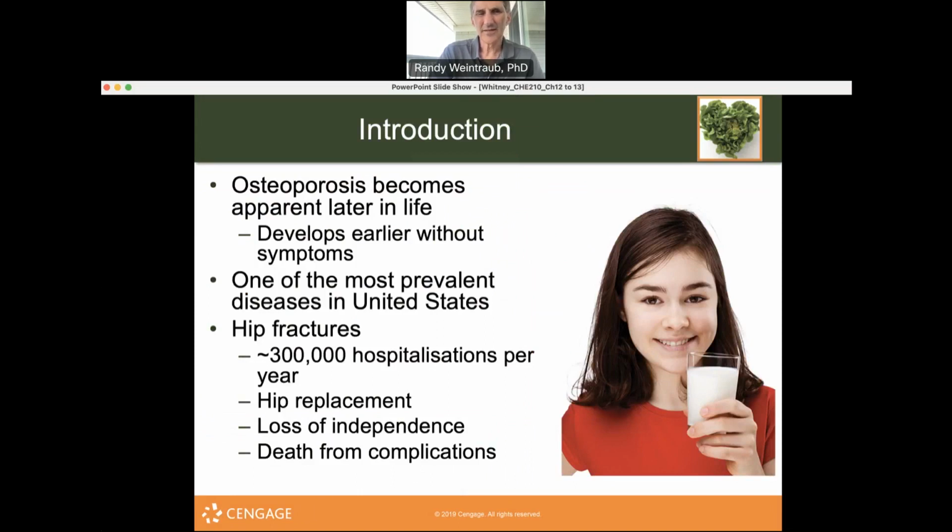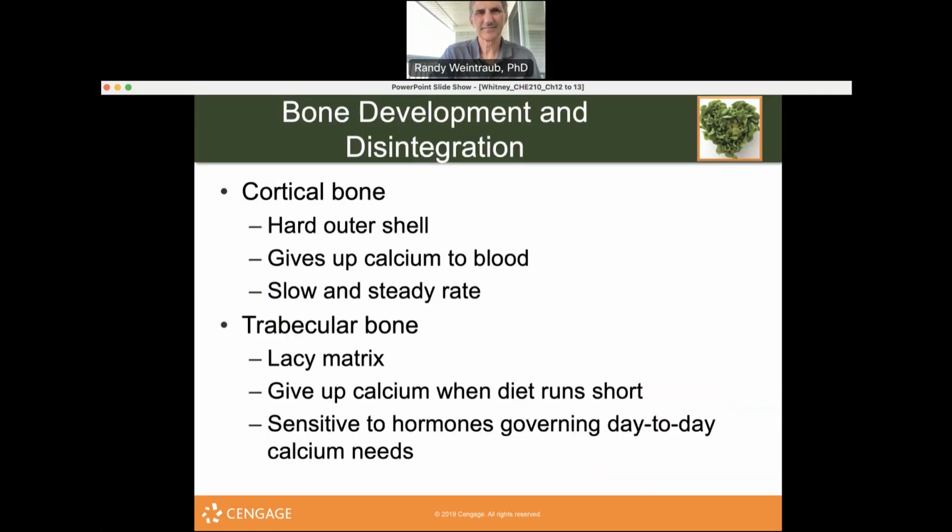With older people, it unfortunately is common, and it shows up in hip fractures upon falls. And it's because of loss of strength of important parts of the bone.